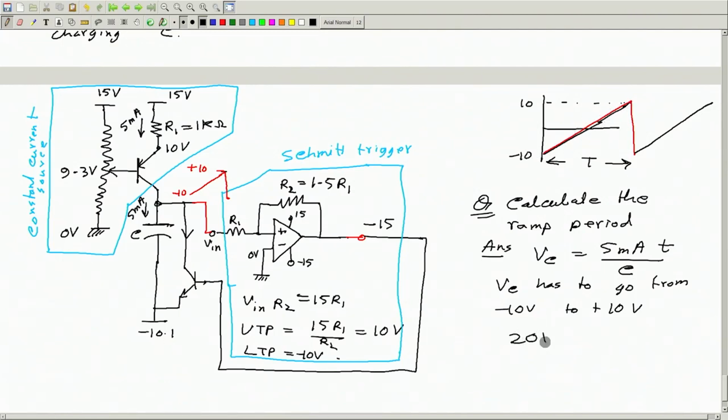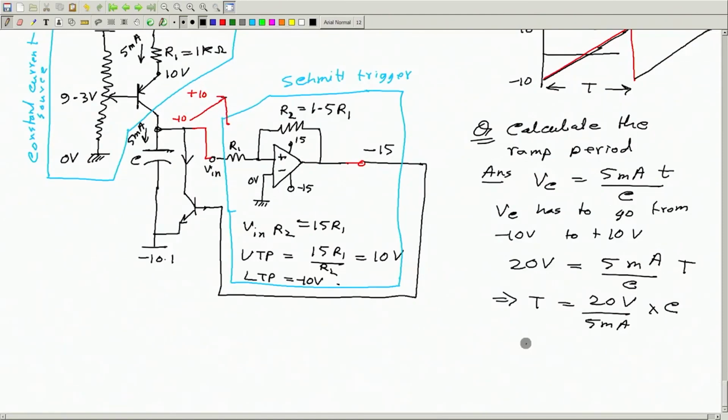So I can write 20 volt is equal to 5 milliampere by C multiplied by the time period. From this you can calculate the time period, which is 20 volt by 5 milliampere multiplied by C, and the frequency will be 1 over T.